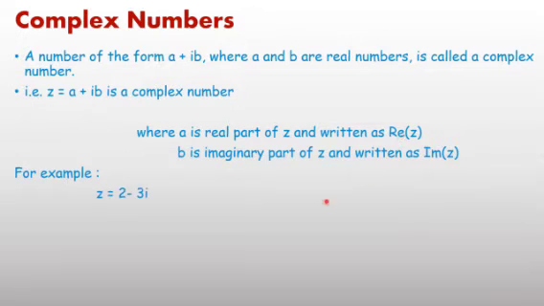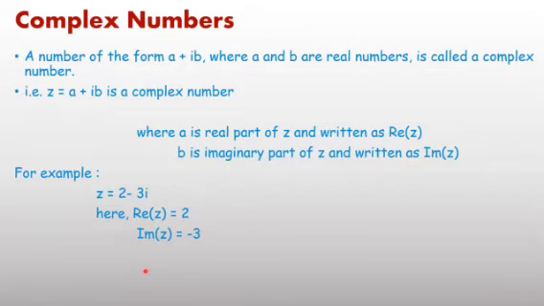For example, if z equal to 2 minus 3i is written, then the real part of z is 2 and the imaginary part of z, that is the coefficient of i, is minus 3. If z equal to 7 is written, it implies the imaginary part of this complex number is 0.